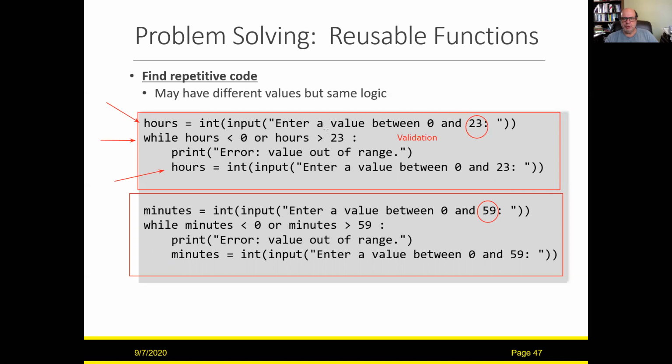Then the same 23 is checked over here. The 0 is the same for both of them. And then 59 again is checked over here. So if I want to merge these two together, all I need is for this number to come to me. If I can get this number to come to me, everything else is going to look the same.